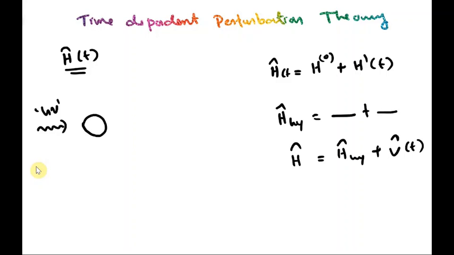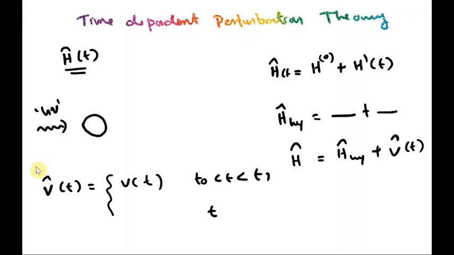Okay, so now I can write this V of t as V of t during a time between, let's say, t naught to t1, but for t less than t naught or t greater than t1, this is 0.